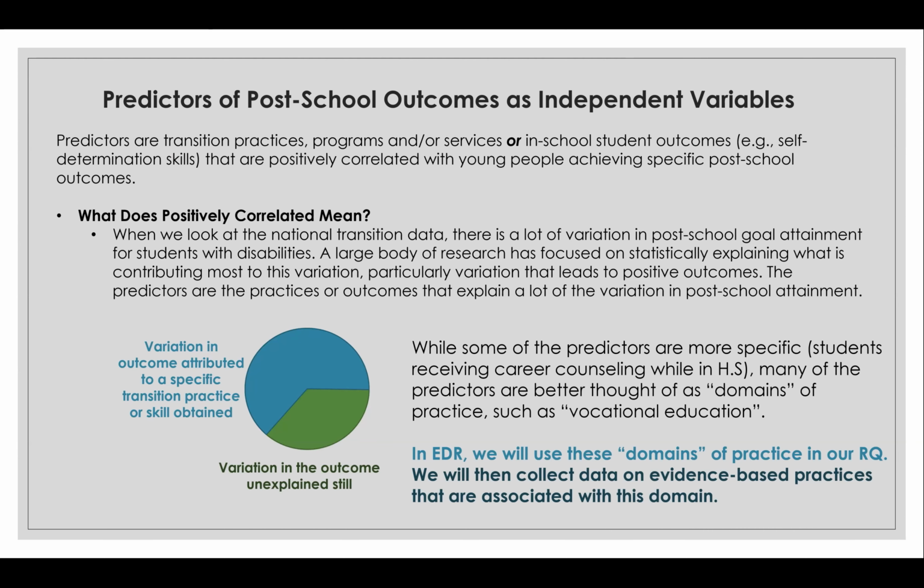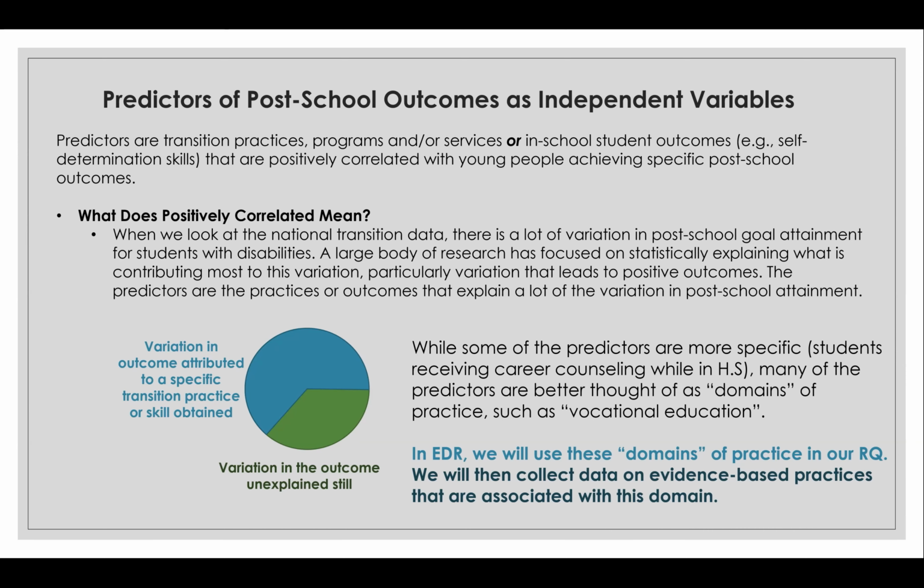And that'll make more sense in a moment. But what we can do is focus ourselves when we're trying to think about what our independent variable is going to be. And I'll keep reminding you what that is. Our independent variable is the practice, program, or services that we want to change in order to improve an outcome, right? So that's the practice we change that leads to the outcome, which is the dependent variable.